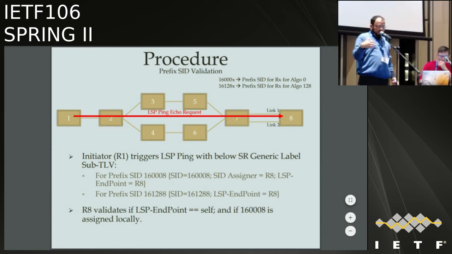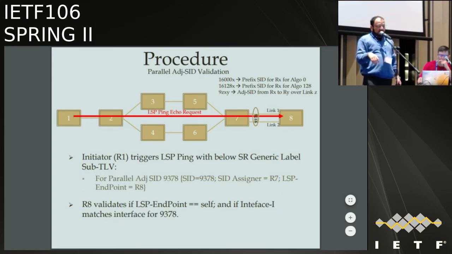It is the endpoint, a very simple case, and node 8 can send the response, positive or negative, accordingly. Now, the same procedure would apply for flex algo based prefix SID labels. So 16128 with LSP endpoint 8 and the assigner R8 will work exactly the same way as flex algo. So we can have coverage across flex algo without having to define a new FEC type or extending the flex algo ID in the existing FEC.